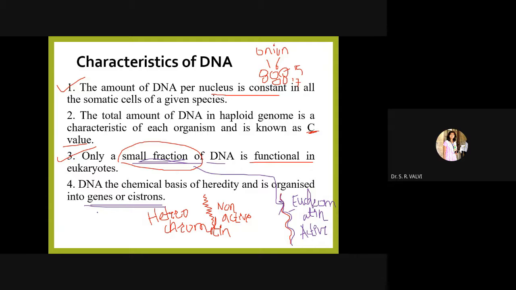Genes are the nucleotide sequence responsible for synthesis of RNA, right? Cistron and genes are similar, they are nucleotide sequences. But how are genes and cistrons differentiated from one another?